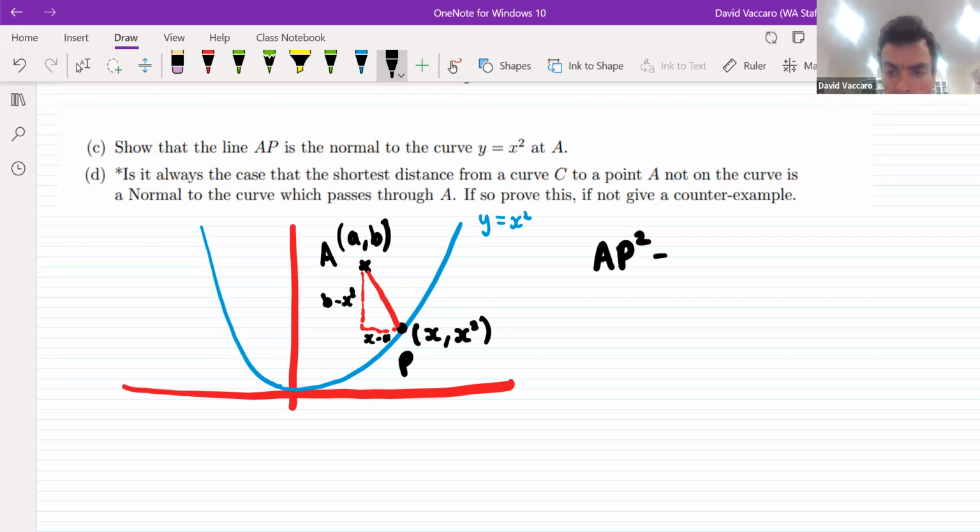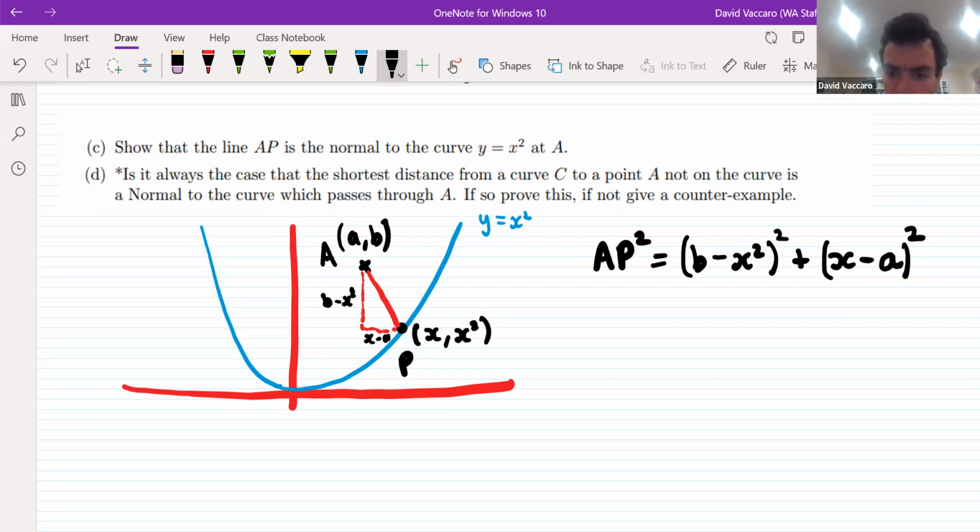So AP squared is (b minus x squared) all squared plus (x minus a) all squared.